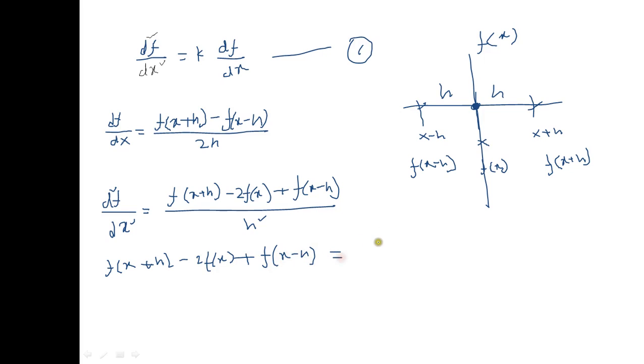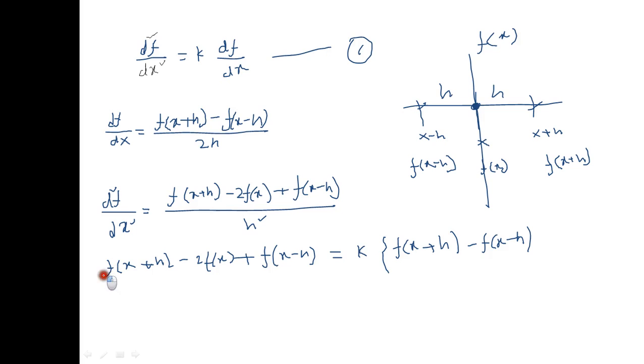So we can write here the first one, k into the second bracket, f(x+a) - f(x-a).